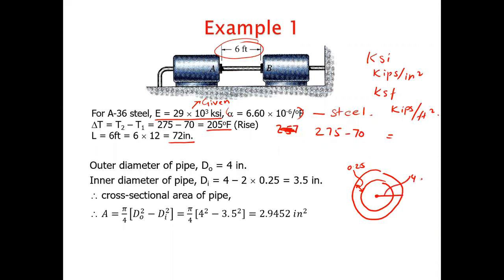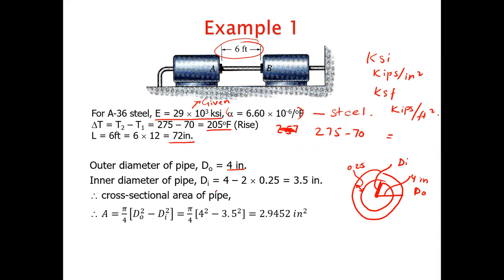Now we have to determine the internal diameter. Suppose the internal diameter is represented by di and the outer diameter by do. So do is 4 inch.